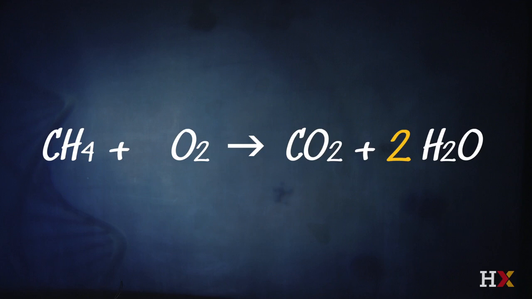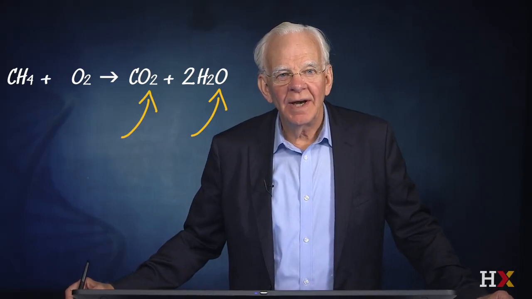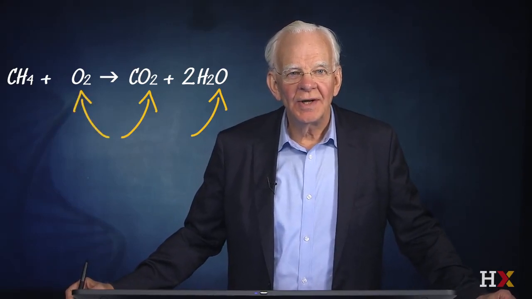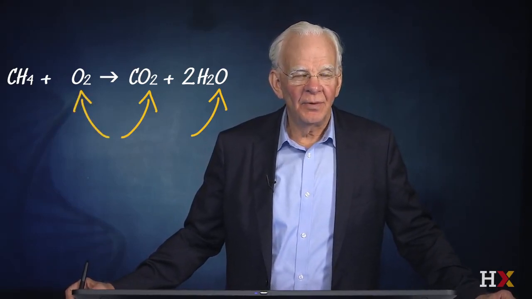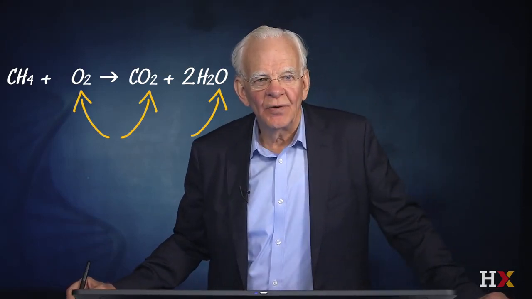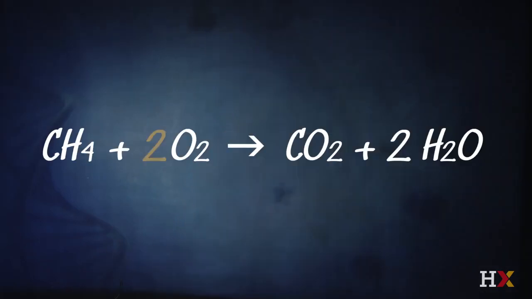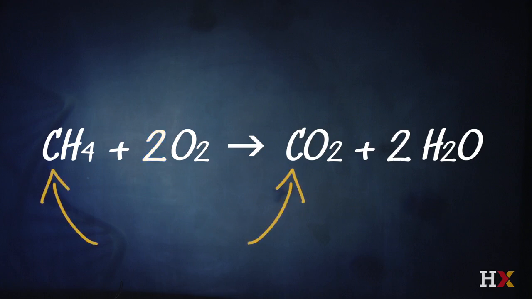And the next question is, how do we balance oxygen in this reaction? We have 4 oxygen atoms on the right-hand side, the product side, but only 2 oxygen atoms on the left-hand side, on the reactant side. So if we multiply the number of oxygen molecules on the left-hand side by the stoichiometric coefficient of 2, now let's see what we have. We've got 1 carbon on each side.